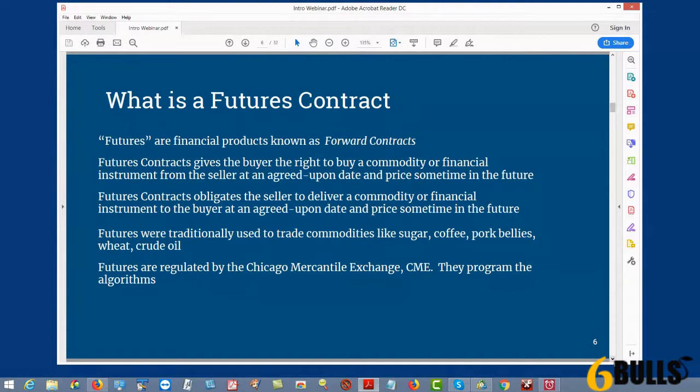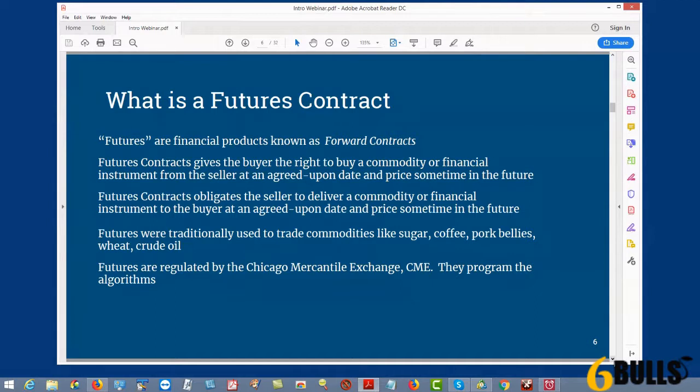If you're the buyer in the contract, you have the right to buy that asset from the seller at an agreed upon date and price sometime in the future. If you're the seller in the contract, you have the obligation to deliver that asset at the agreed upon date, time, and price sometime in the future.